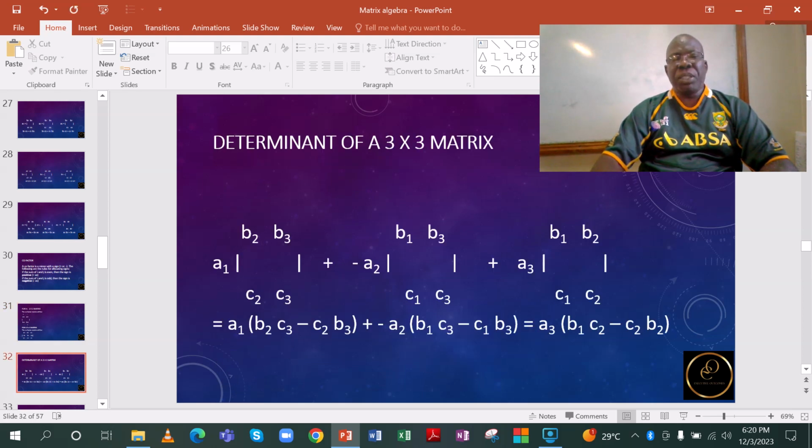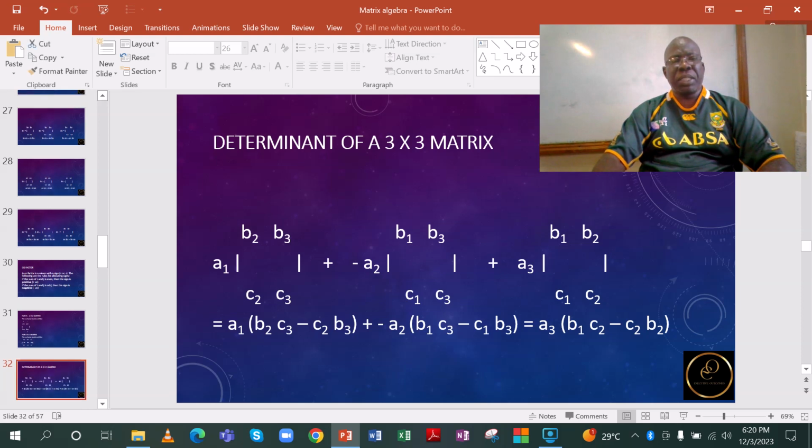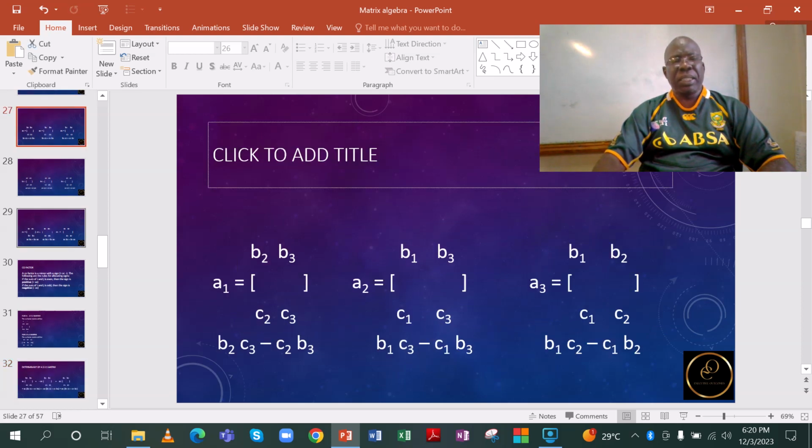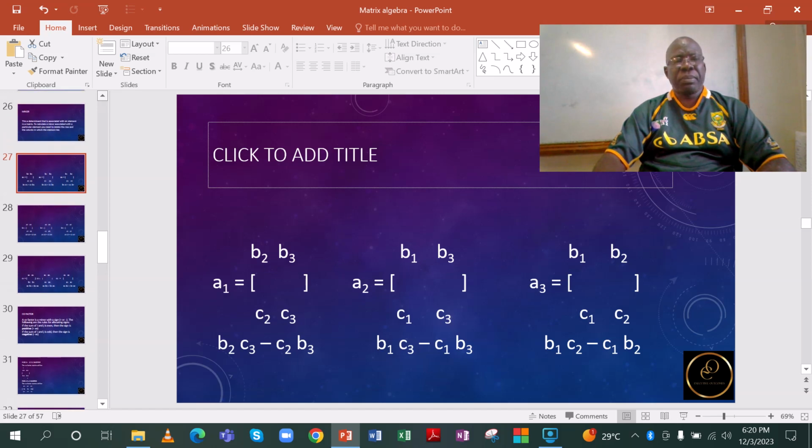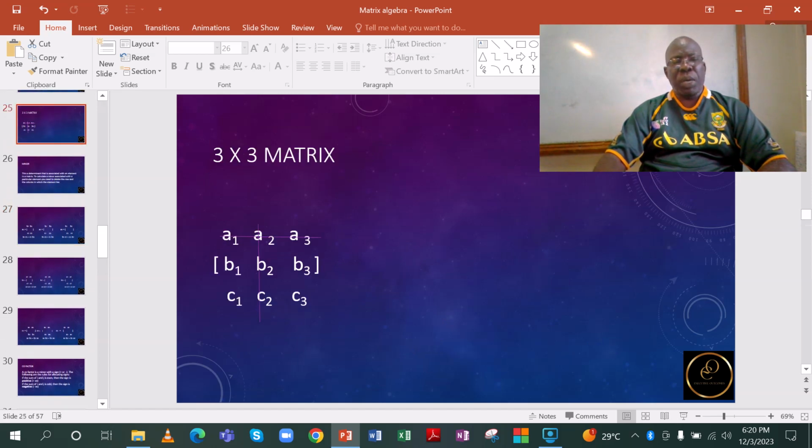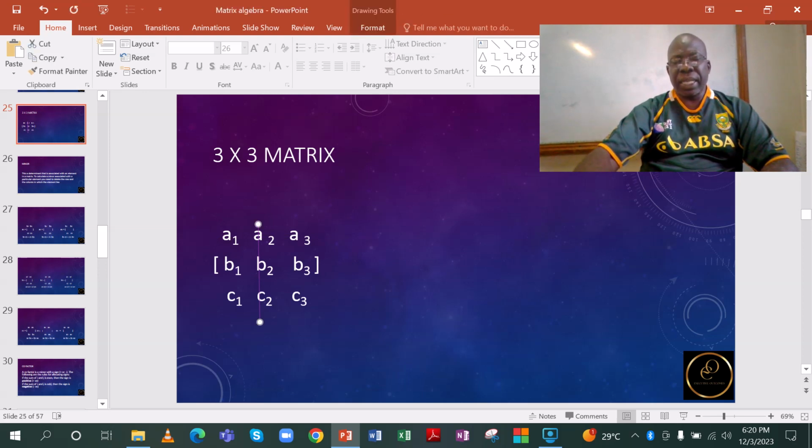So here we are. Let's see how we calculate the determinant of a 3 by 3 matrix then. If we take the matrix which we started looking at, A1, A2, A3, B1, B2, B3, and C1, C2, C3, what we need to do is you can either take a row or you can take a column.